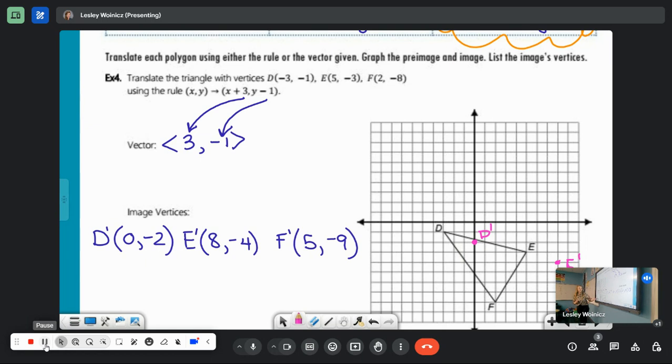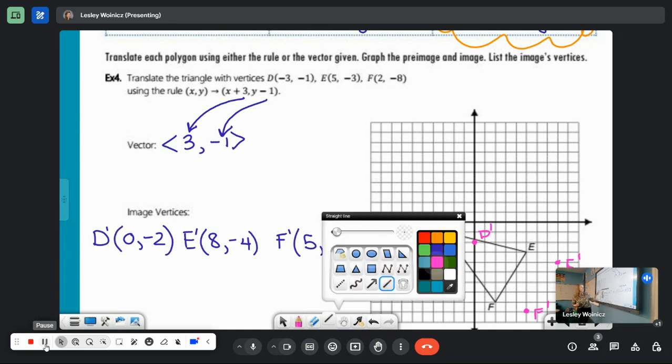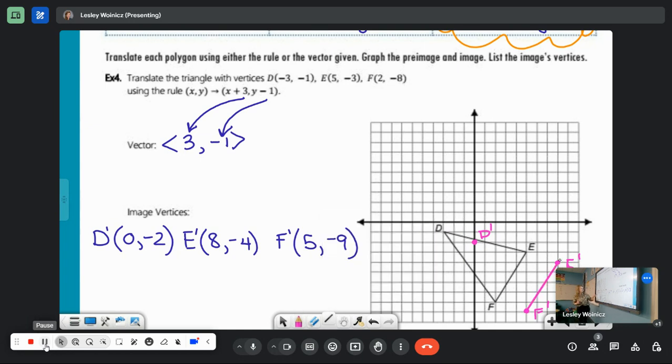For f prime, right 3 down 1. They're all going the same distance in the same direction. And then you can connect your vertices with your straight edge, and you're done. Oops, I went to D and not to D prime. I was like, that doesn't look right.